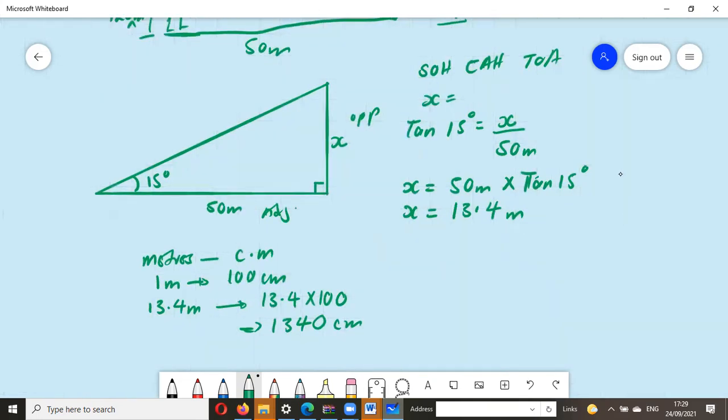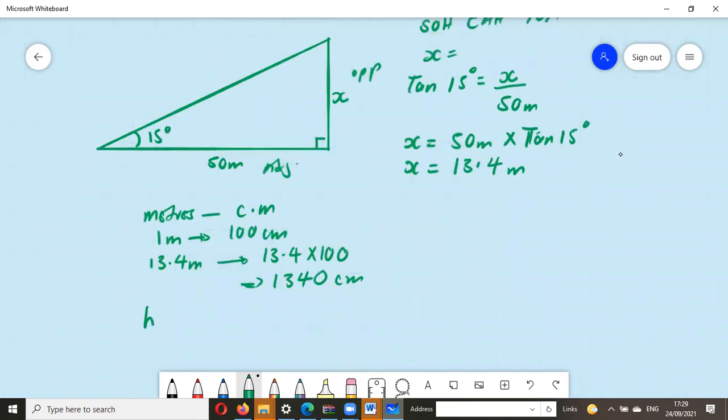That means now the height of the pole is 1,340 plus the 120. What do we get? So I get 1,460.